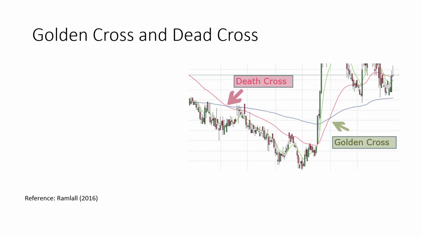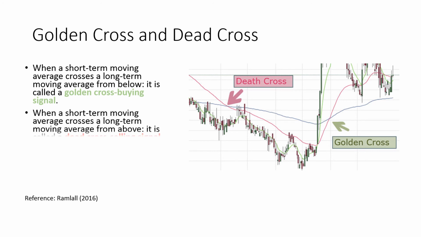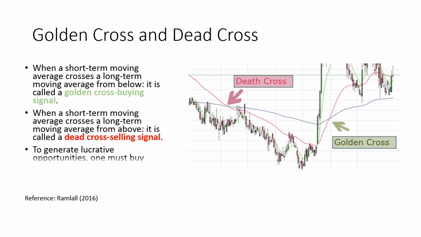When a short-term moving average crosses a long-term moving average from below, it is called a golden cross buying signal. A golden cross is a bullish signal. When a short-term moving average crosses a long-term moving average from above, it is called a death cross selling signal. A death cross is a bearish signal. To generate lucrative opportunities, one must buy golden crosses and sell death crosses.